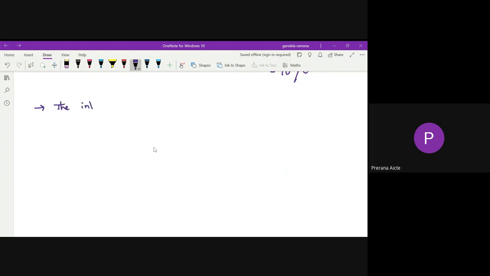In 1997 this question was asked: the intrinsic carrier density at 300 degrees Kelvin is 1.5 into 10 power 10 per centimeter cube in silicon.